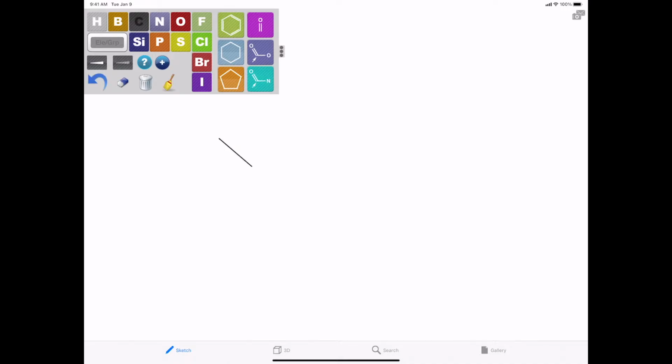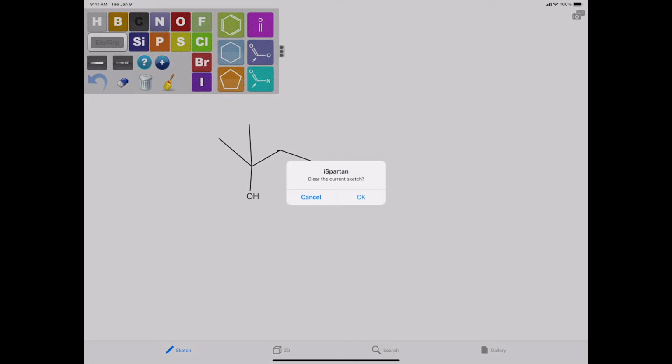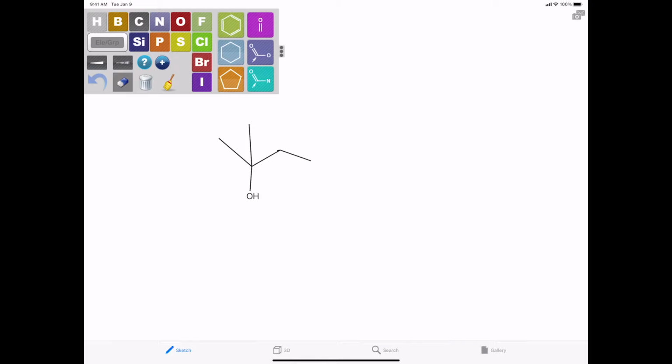So let's just draw, at least, that ketone starting. Oops, what happened there? Okay. Carbon, carbon, oxygen, oxygen, carbon, carbon.